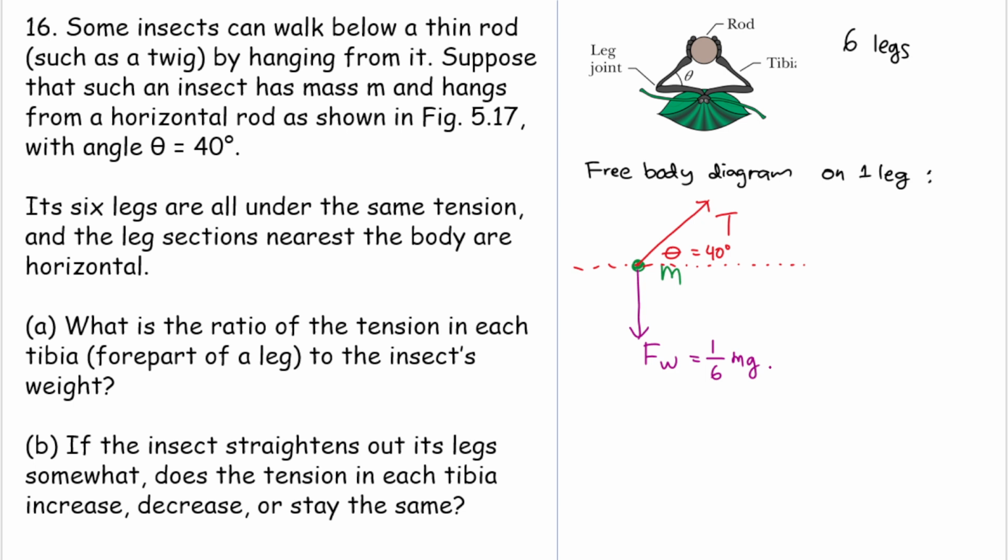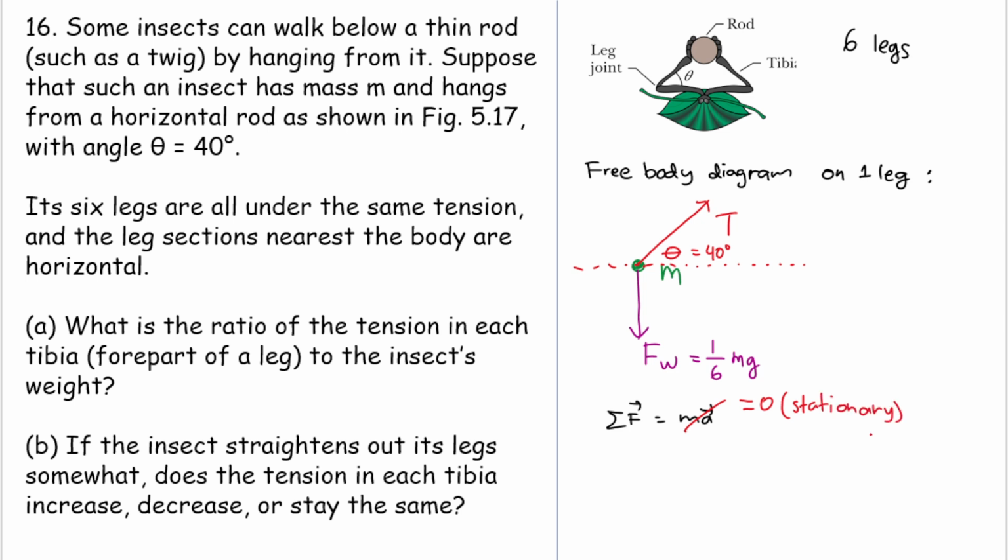Good. Okay, now because the insect is stationary, we have the sigma F here. Sigma F is equal to M times A, right? But because the insect is hanging on the twig and is not moving, this will be equal to 0 because it is stationary.